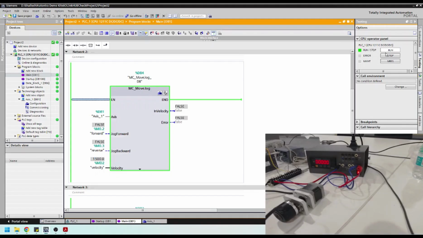Okay, now let us again simulate the RPM value through the PLC. So you can see right now the velocity is again 1500, so it was 180 RPM. Okay, so let's again rotate the motor with the same RPM, which was 180 RPM. And we can see the pulse meter is showing us 180 RPM.